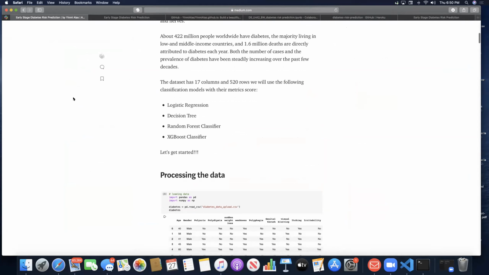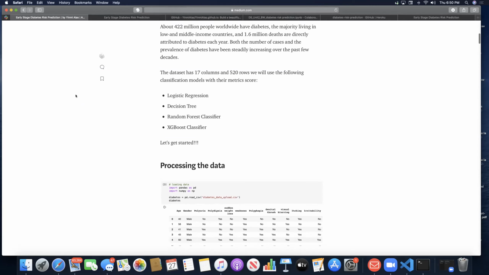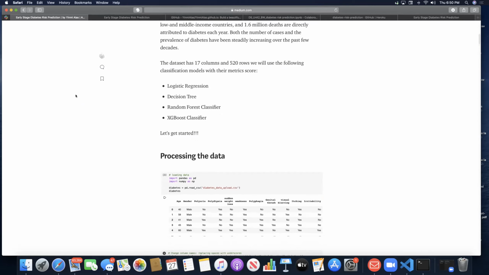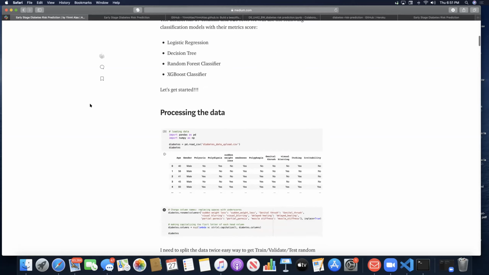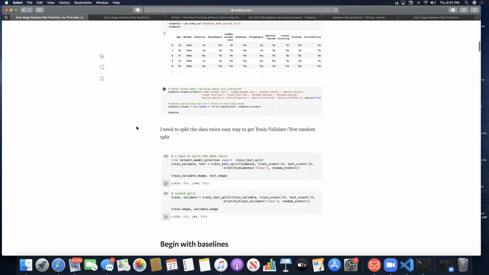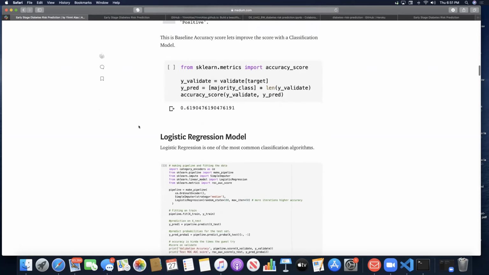The data set has 17 columns and 520 rows. I will use classification models like logistic regression, decision tree, random forest classifier, and XGBoost. So let's go with the baseline.